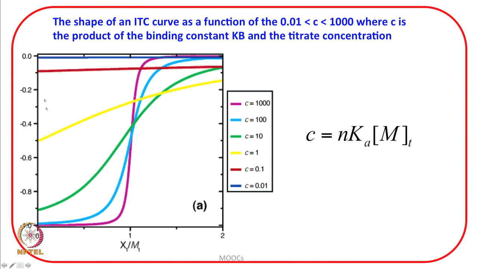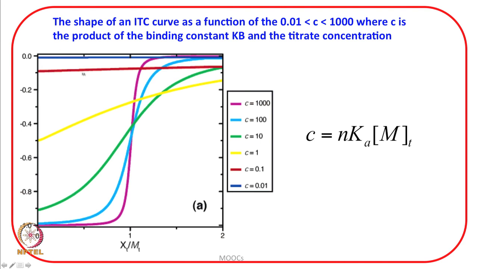So, what is the main observation here? The main observation is that when the C value increases, the shape of the isothermal titration calorimetric profile also increases. When C value is 0.01, you see it is just like a straight line, and no thermodynamic information can be derived from such an experimental data.